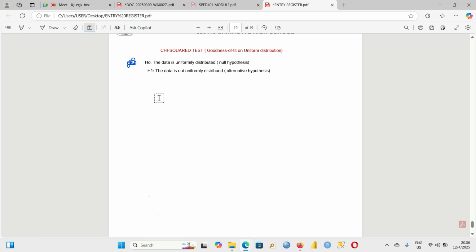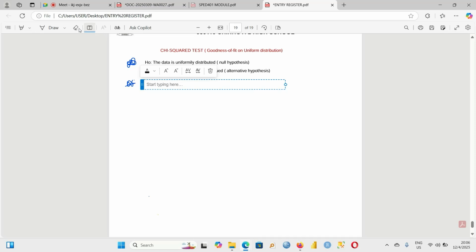Okay, so these are the stages in carrying out the chi-squared for uniform distribution. Then the next stage, we want to calculate the expected frequency and the test statistic. The same applies as in the chi-squared for contingency table.